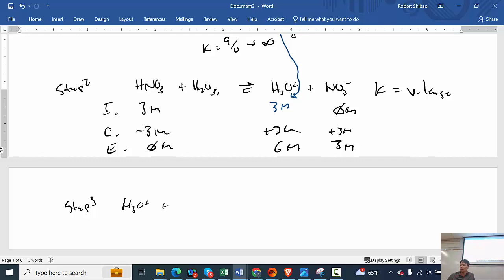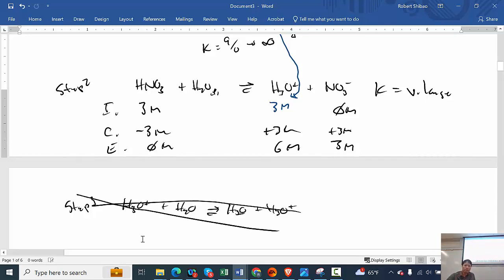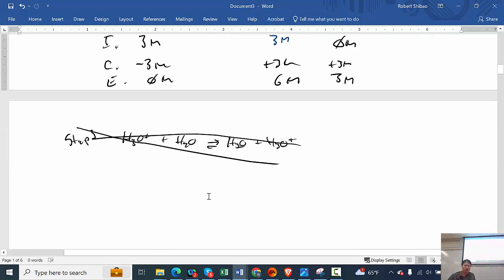Hydronium and the strongest base present? Water. And hydronium plus water makes what? Water and hydronium. So this is incorrect for step 3, because nothing changed.